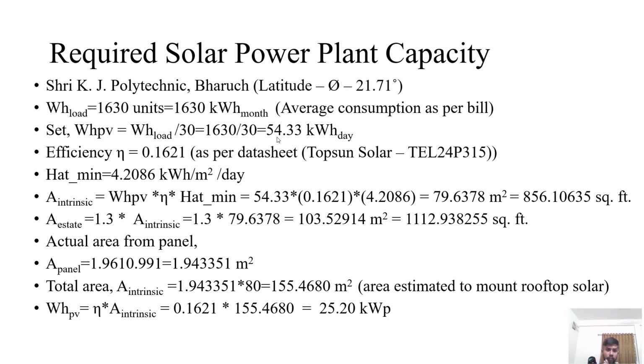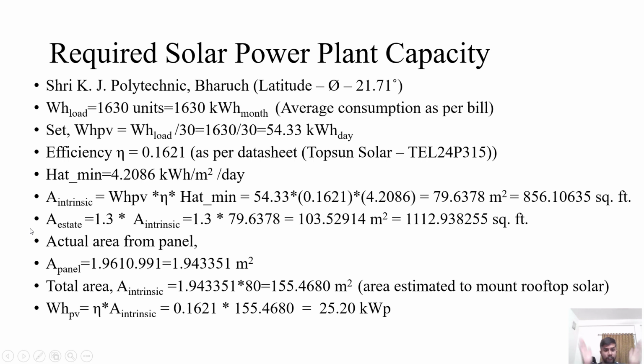So the solar intrinsic area required for the plant is calculated from the 54.33 kWh PV requirement, the efficiency of the solar panel, and the available minimum insolation at this place. The required intrinsic area is 79.6378 meters square, converted into square feet.